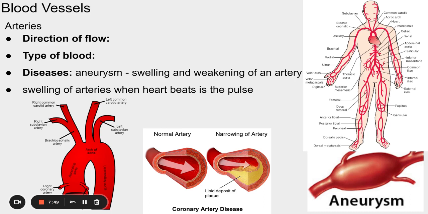They have to withstand a lot of pressure. Every time our heart beats, it forces blood into arteries, and so they have to be able to deal with that pressure. The arteries are the blood vessels that go away from the heart. You can remember that. Artery, away, A A. And they generally carry oxygenated blood.